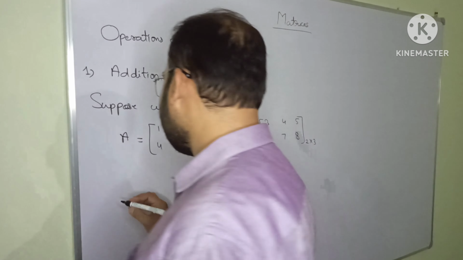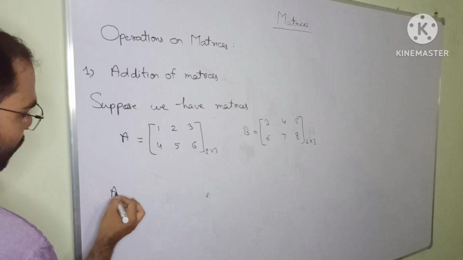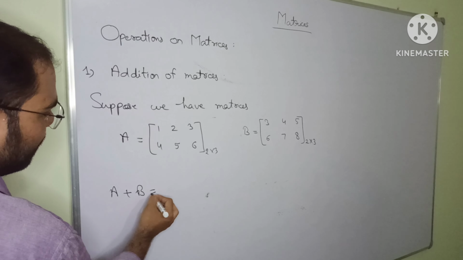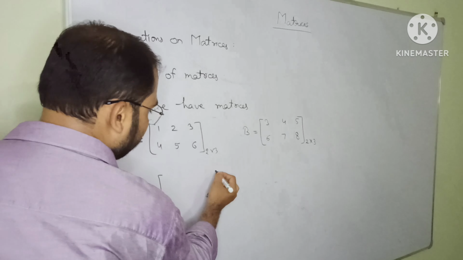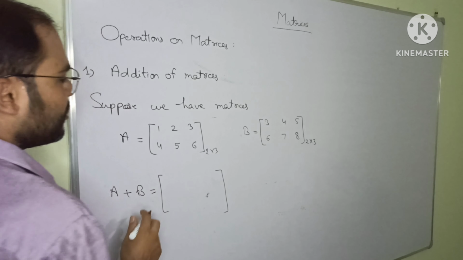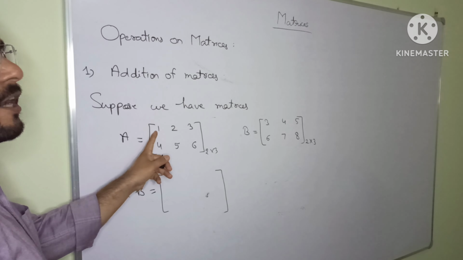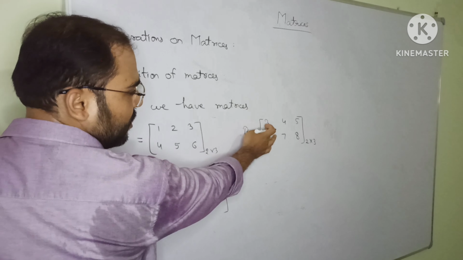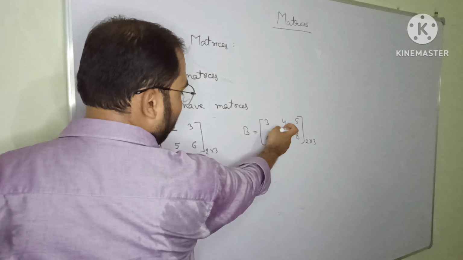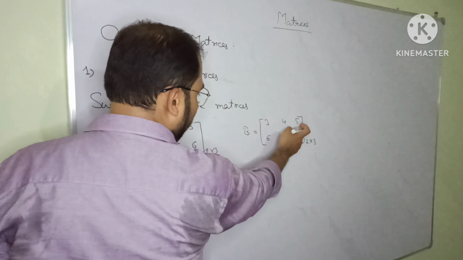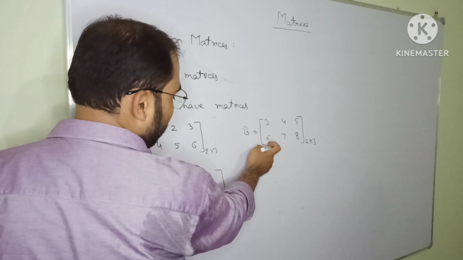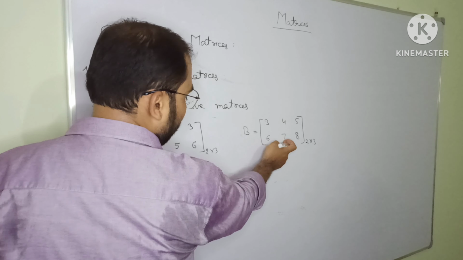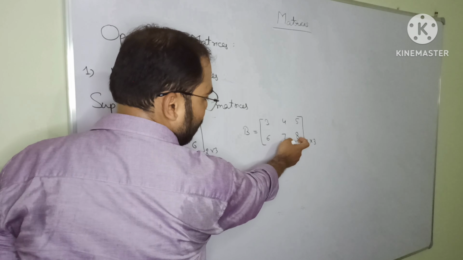So what is A plus B? A plus B will be the matrix in which we add the corresponding elements. 1 is added to 3, 2 to 4, 3 to 5, 4 to 6, 5 to 7 and 6 to 8.